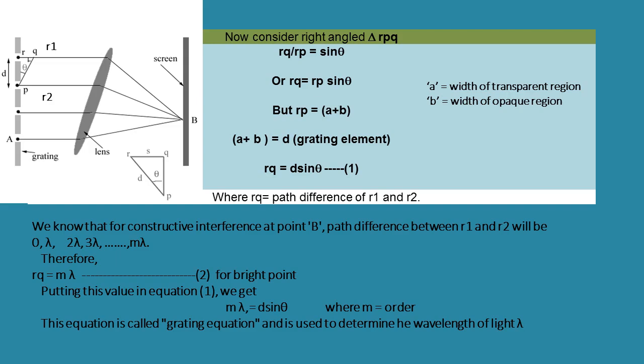Therefore, RQ is equal to m lambda for a bright point. We put the value in equation 1, we get m lambda is equal to d sin theta, where m is the order. This equation is called the grating equation and is used to determine the wavelength of light.